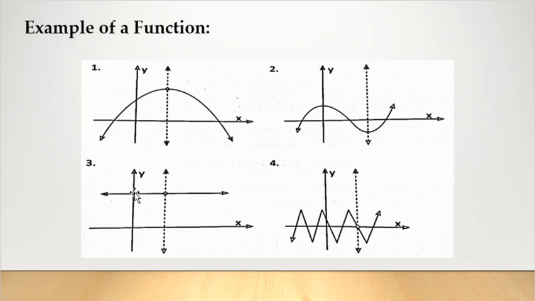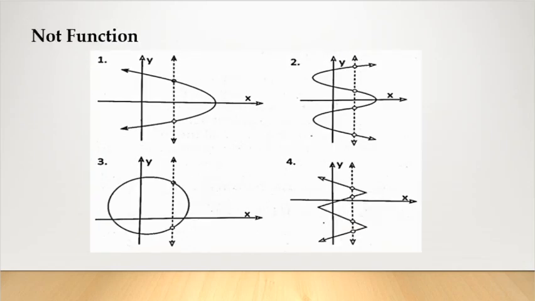Next, for the number 3, we have straight line, horizontal line, and this is the vertical line test. They intersect at only one point, so it means this is a function. And for the last example or graph, this one, so nag-intersect lang ulit sila at one point. Next.